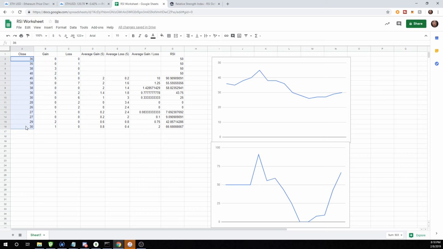This is quite ridiculous. The point is to break down the math and show you exactly what's happening and exactly what it is you're seeing. You're seeing the difference of gains to loss over a moving window, looking backwards for a given point in time, and you're seeing it oscillate between 0 and 100.